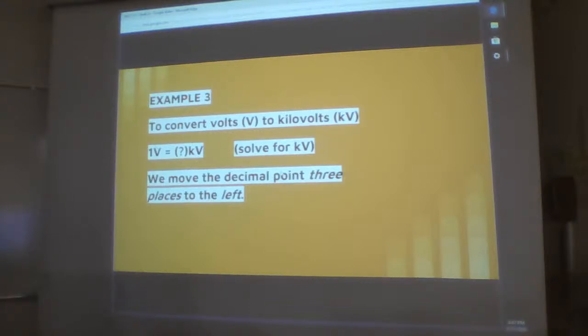I have 1 volt, I want to solve for kilovolts, so I'm going to take this as if it's a variable, say X kV. I want to divide by X and get everything on one side in order to solve for kilovolts. That's something that I use, and you can use it or not. We move the decimal point 3 places to the left when we're converting from volts to kilovolts.